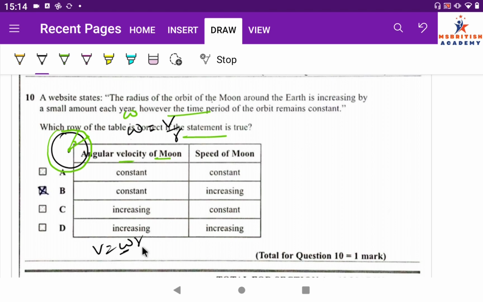Omega is constant and the radius is increasing, therefore the velocity will also increase. So here we can say the moon's velocity will increase. The option D is correct.